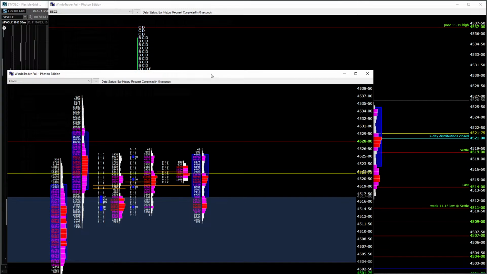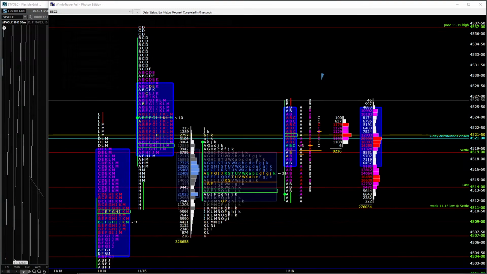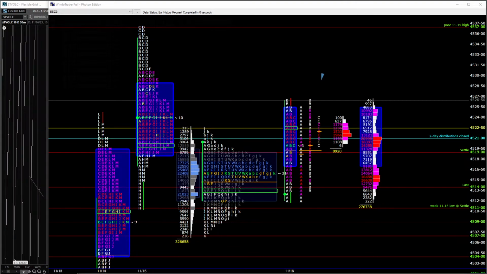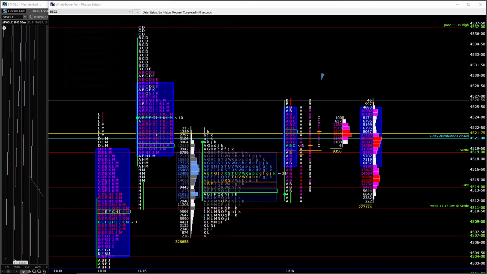Boom. Single prints. Let's buy there. Traders do what works until it doesn't work anymore. This market is getting extremely long here. But I am not going to fight momentum. I'm not going to step in front of any trend here.